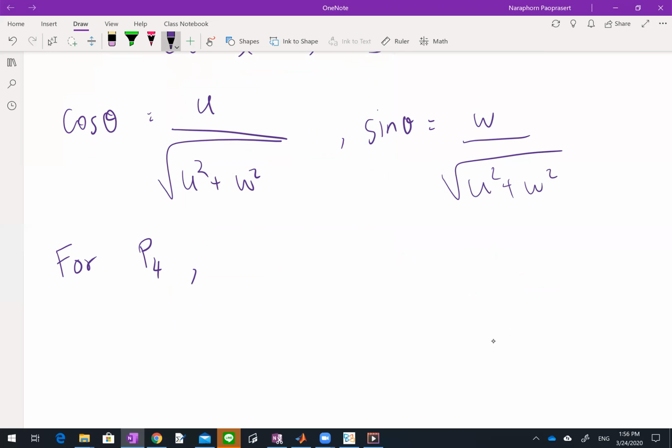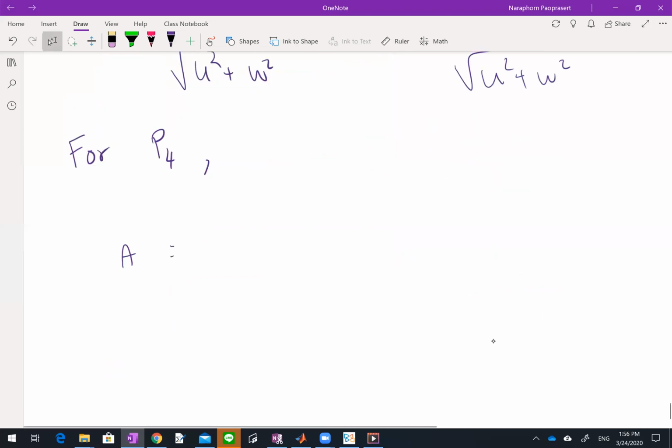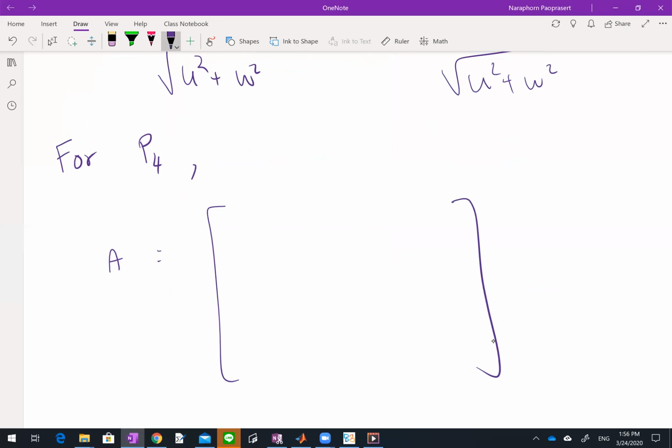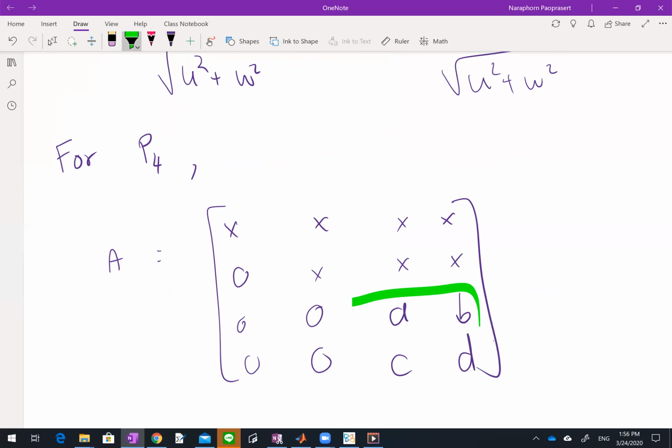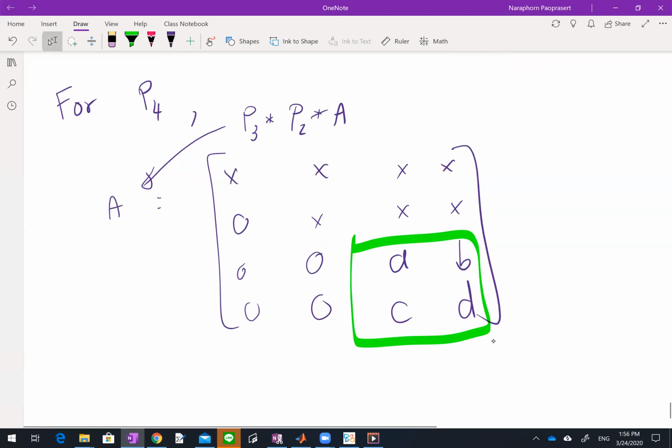your A is going to change to another format, which is any number here, 0, 0, 0, any number here, 0, 0. So whatever values here, let's say A, B, C, D. So this A is just P3 times P2 times A. After you multiply A with P2 and P3, you want to solve for P4.